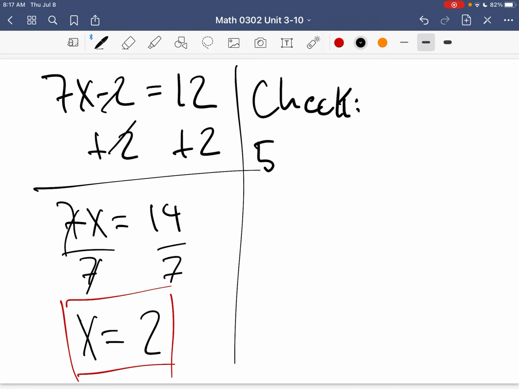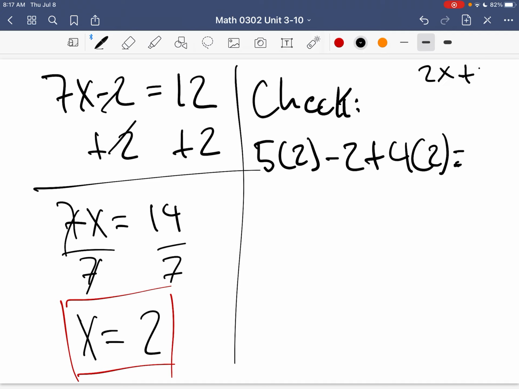So 5 times 2, minus 2, plus 4 times 2, is equal to 2x plus 12. I'm just going to store the expression 2x plus 12 off to the side for now. We'll deal with it in a bit. I ran out of room here when doing the check.